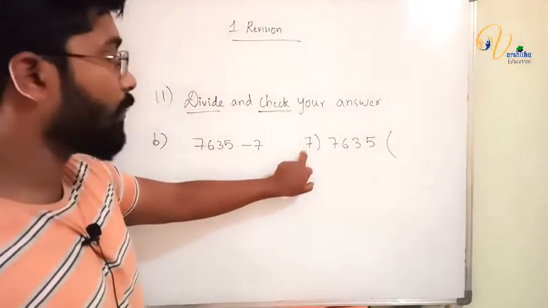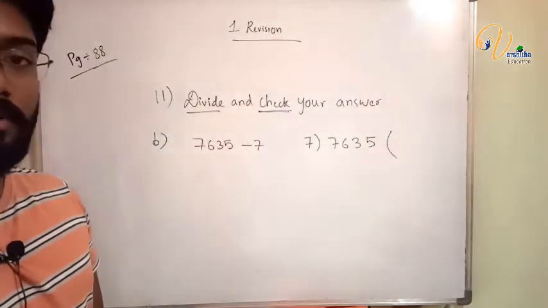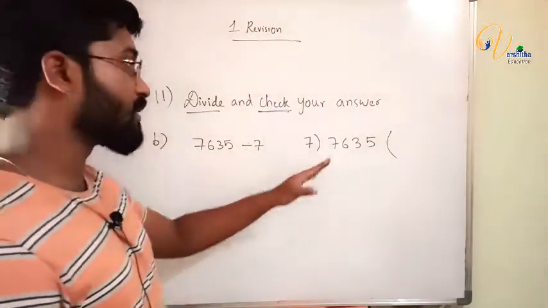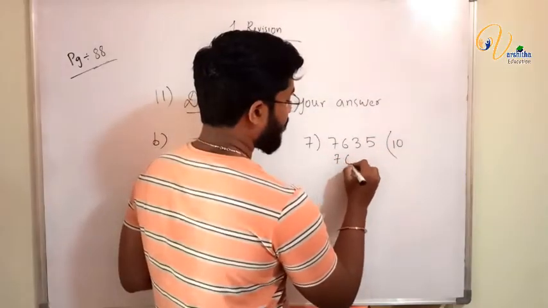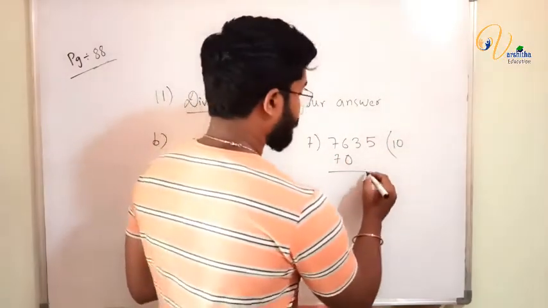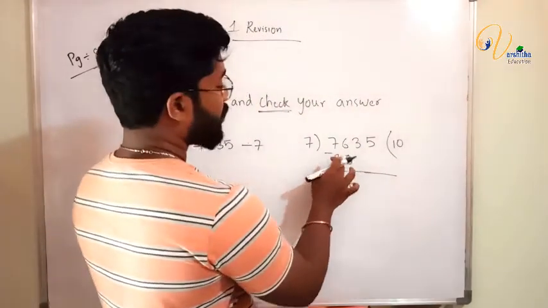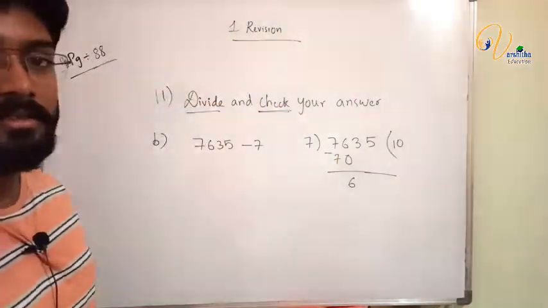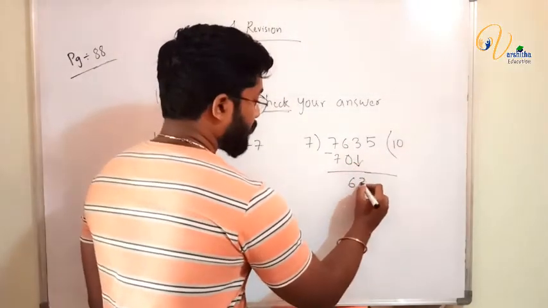In the 7 table, are you going to get 76? No, but you are going to get 70, which is less than 76. 7 tens are 70. Next, 76 minus 70, you got 6. Next, bring down 3.